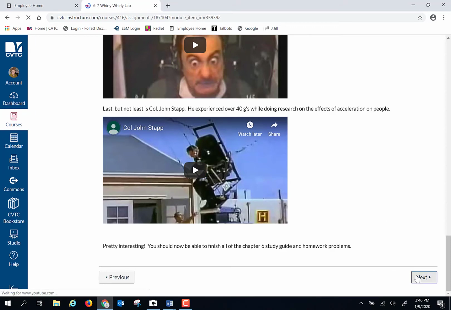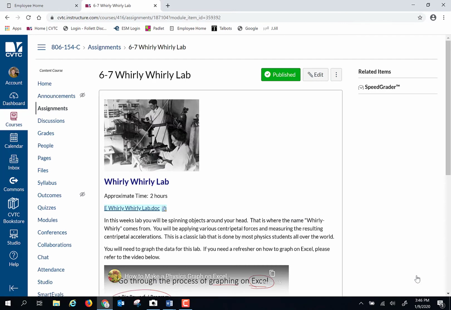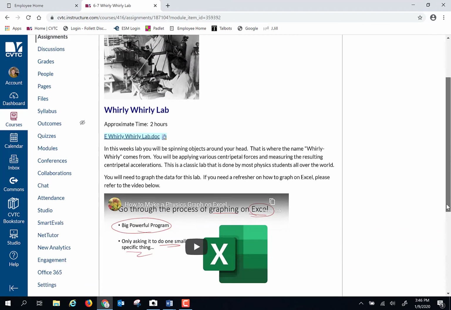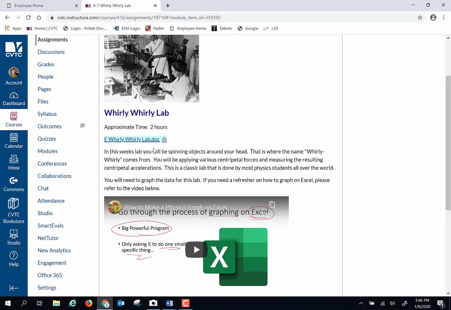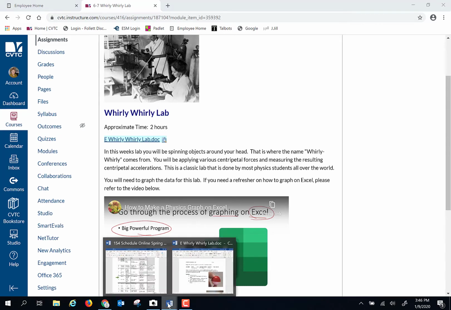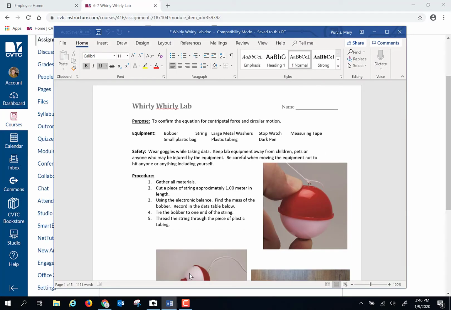But the lab we're going to do this week is called Whirly Whirly. And the reason it is called Whirly Whirly is because you're going to be spinning things above your head. You're going to be graphing again. We haven't graphed in a week or so. And therefore, the video on how to graph in Excel is here as a sort of reminder. So if you take a look at the lab for this week, there is a bobber that comes with your lab kit, and you're going to put that on a string.